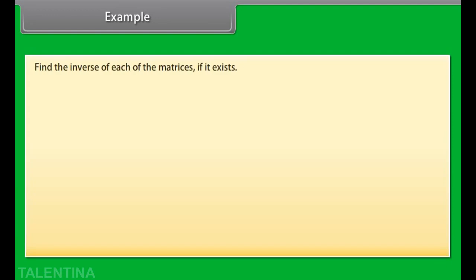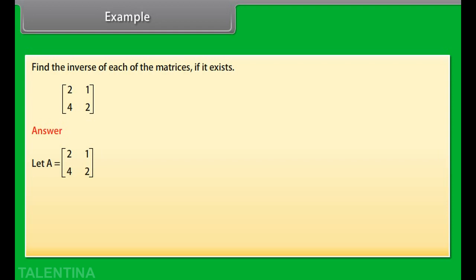Example. Find the inverse of the given matrix, with rows [2 1] and [4 2]. Let the given matrix be A. We know that A can also be written as IA.